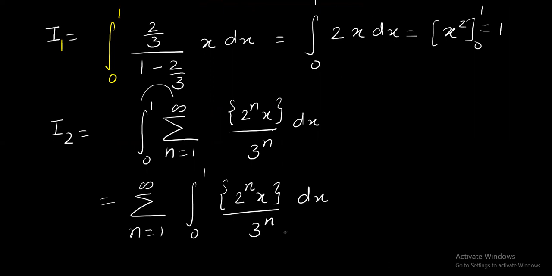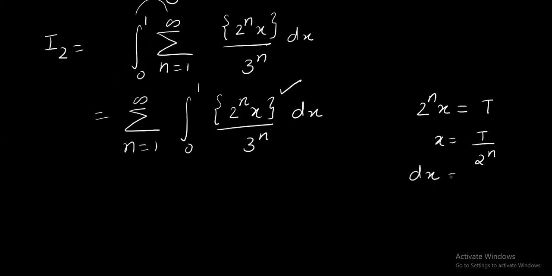For proceeding further, see, we cannot integrate it like this. So I'll use a substitution which says that 2 power nx is equal to a new variable capital T. That means actually you are putting x as t upon 2 power n, and that's why you're going to replace dx with dt divided by 2 power n, right?